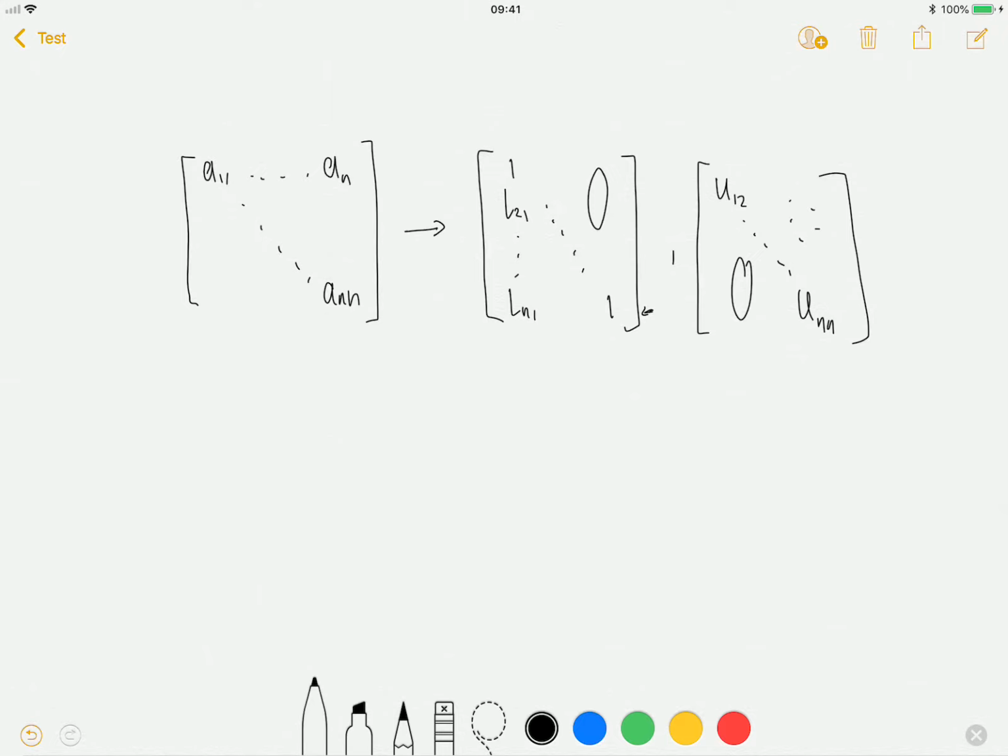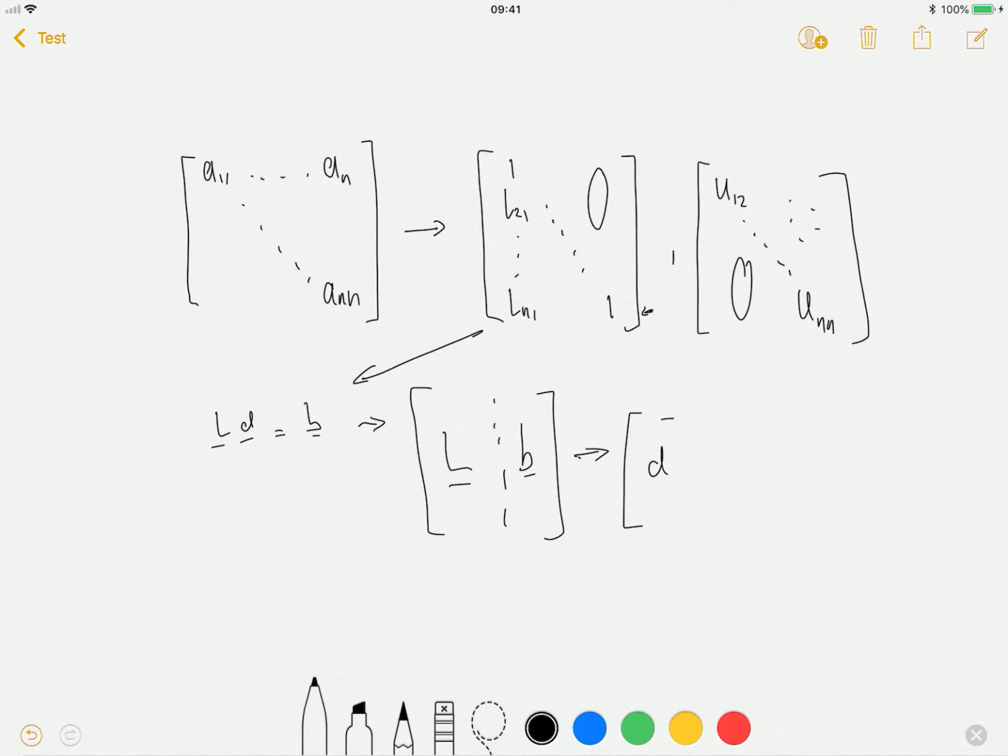We then take the lower matrix and use forward substitution. So we have LD equals B, which we know can be written as matrix L augmented B to solve for D. And then we go and use back substitution into the equation.